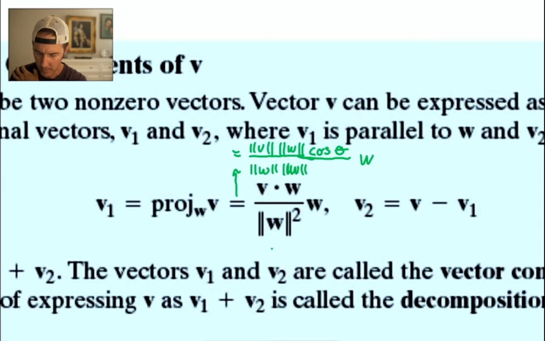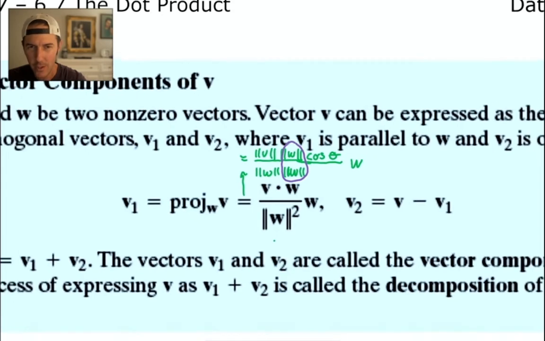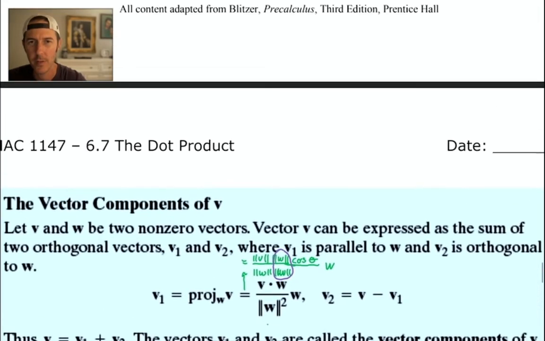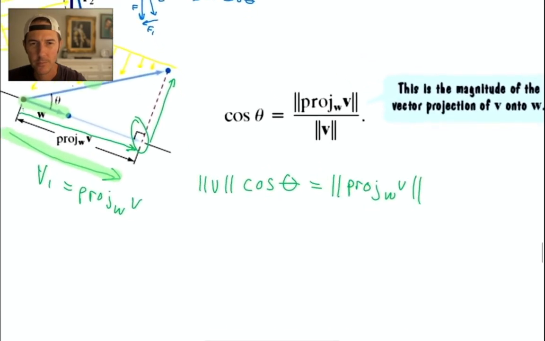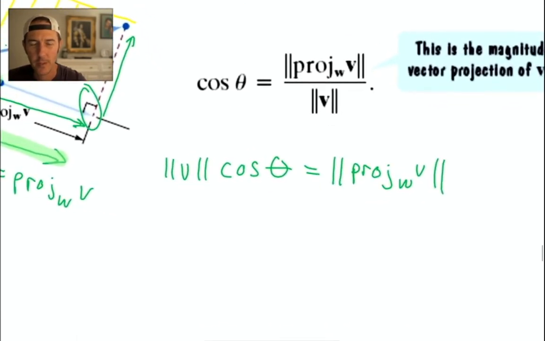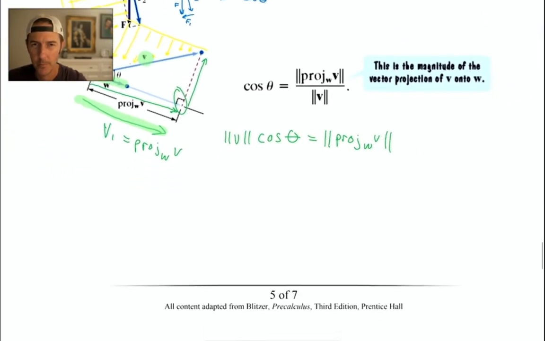One thing that I see is that these two magnitudes cancel out. So I've got magnitude of V over magnitude of W, and then there's that cosine theta. Magnitude of V times the cosine of theta. That looks familiar also. Why, that's the projection of V onto W.